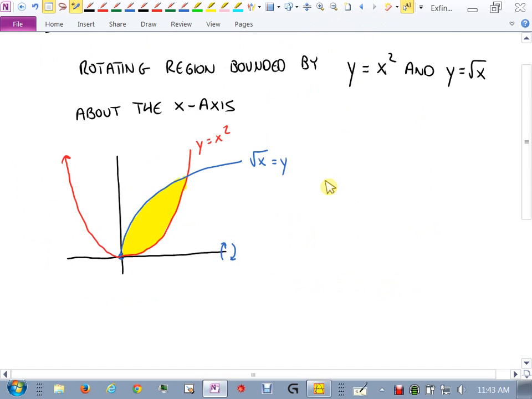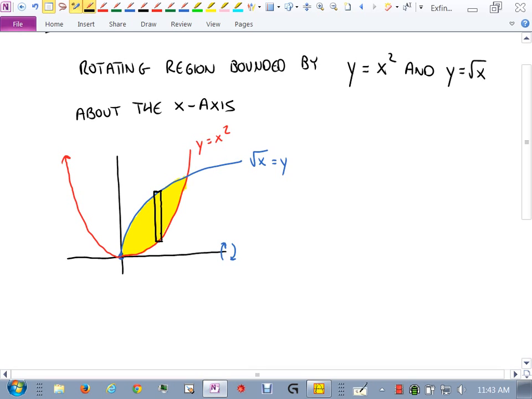All right, so now let me draw my rectangle in here. I think it hopefully makes sense to draw this rectangle. And again, you might be thinking, okay, I already know that this integral is pi integral from 0 to 1 of x minus x to the fourth dx, and you're done.